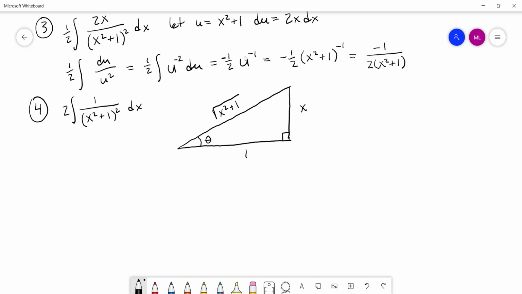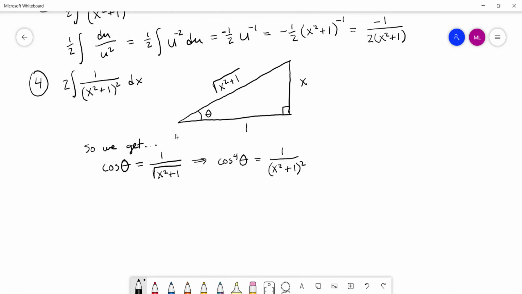I'll notice, for example, that cosine of theta is equal to 1 over the square root of x squared plus 1. If I want this term here, where it's (x squared plus 1) quantity squared, I need to take this to the 4th. So take both sides to the 4th power, and that'll give me the integrand that we currently have over here.